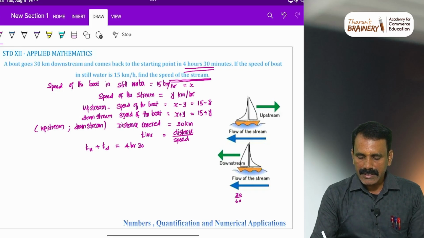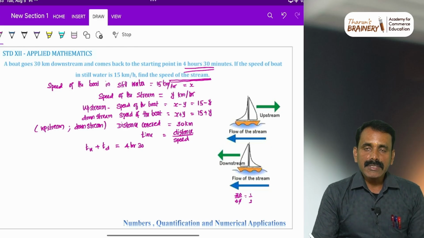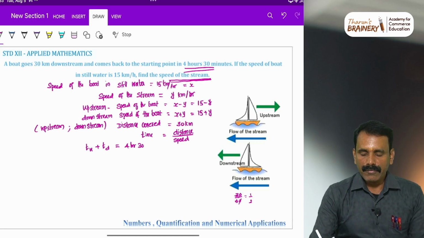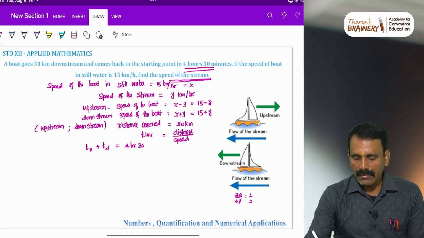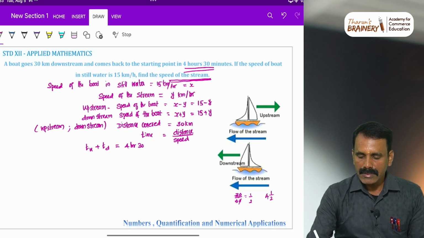So we divide by 60. 30 by 60, which is nothing but 1 by 2. So 30 minutes is nothing but 1 by 2 of an hour. Half an hour. Now, for 4 and 1 by 2 we are going to simplify. So 2 4s are 8, 8 plus 1, 9. So it is 9 by 2.